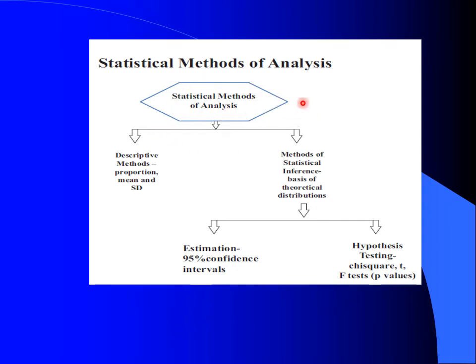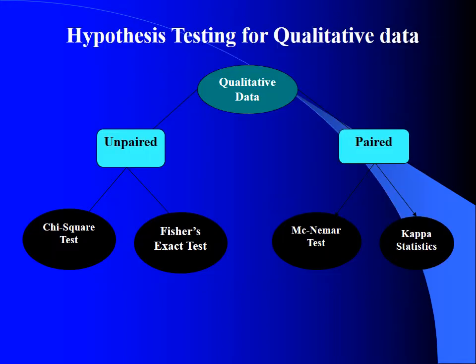So, as you have already been familiar with this flow chart on statistical methods, we have estimation on one hand and the testing of hypothesis on the other. Presently we are dealing with qualitative data analysis. In qualitative data analysis, there are two kinds of data formats: unpaired data and paired data.